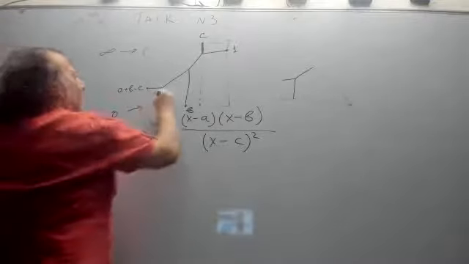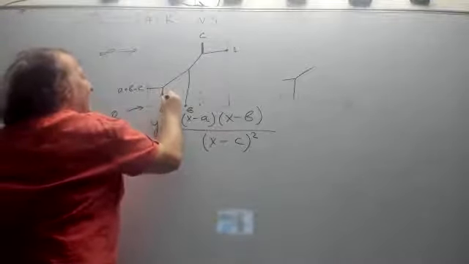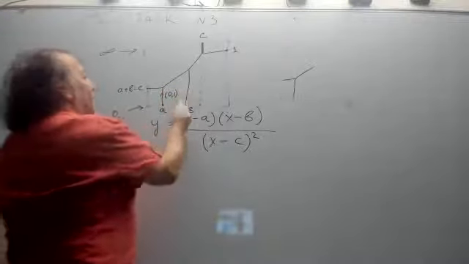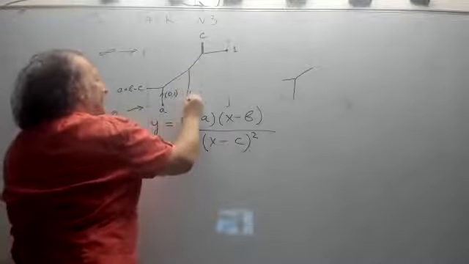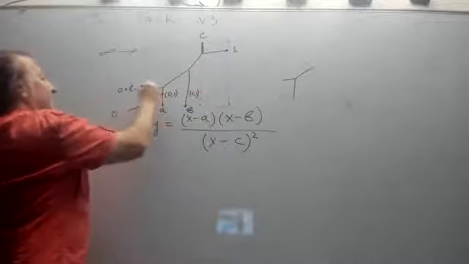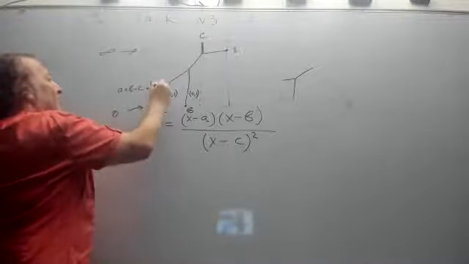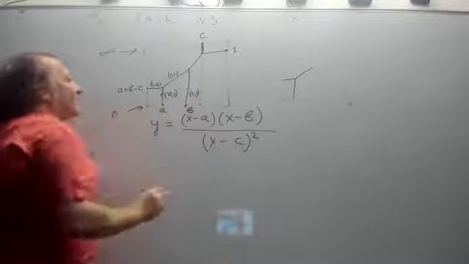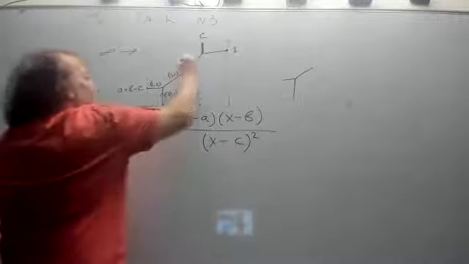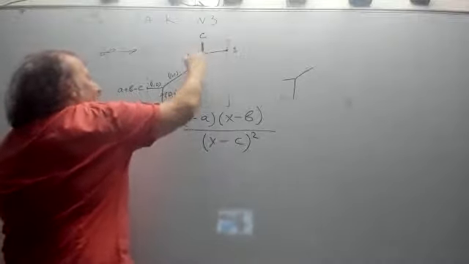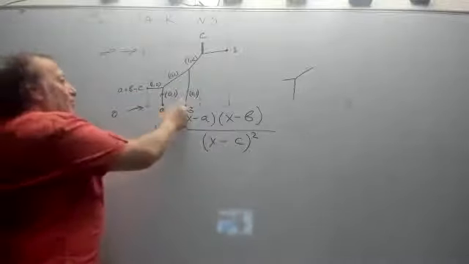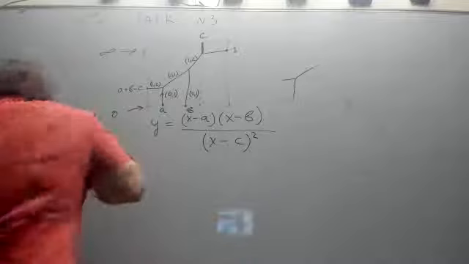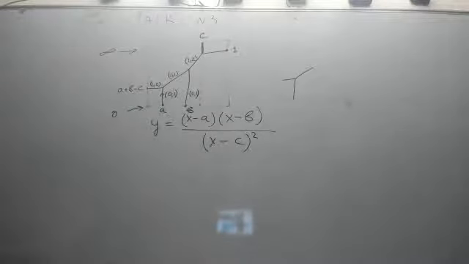Now, this line is vertical and has a vector 0, 1. This line is vertical and has a vector 0, 1. This line is horizontal, has a vector 1, 0. This line is diagonal, 1, 1. This line is 1, 2. So the vertical vector and diagonal vector join together into vector 1, 2.